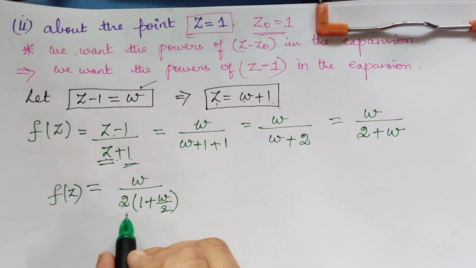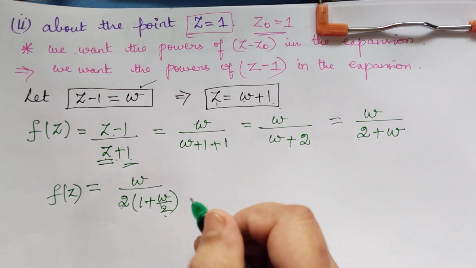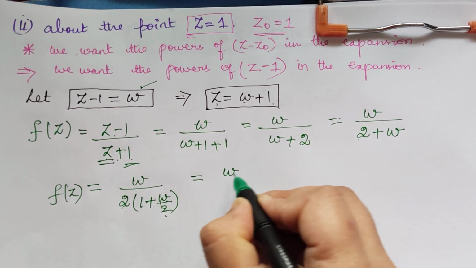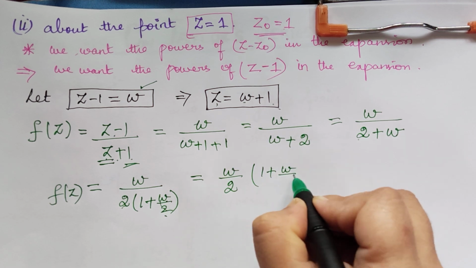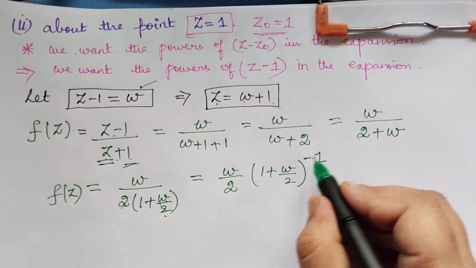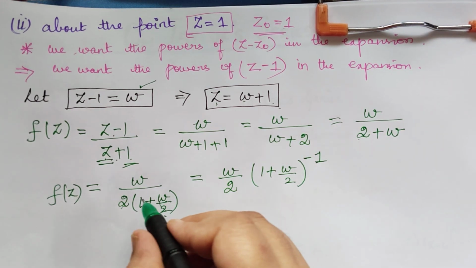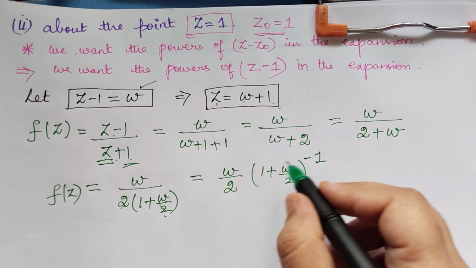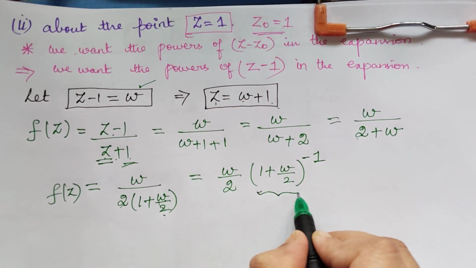That's why we are rewriting it as 2 multiplied with 1 plus w by 2. So that is equal to w by 2 multiplied with 1 plus w by 2 the whole raised to the power minus 1. So we want to apply the binomial expansion. For that reason only we are rewriting this and bringing it in this form. So now we will apply the binomial expansion for this.